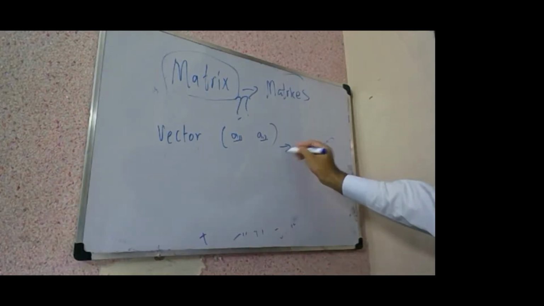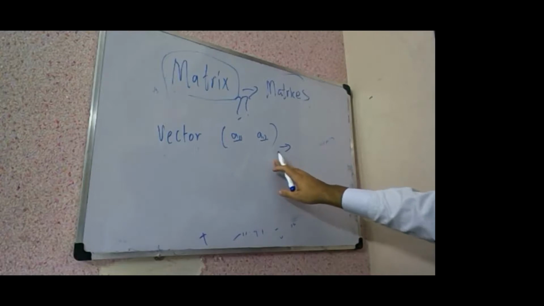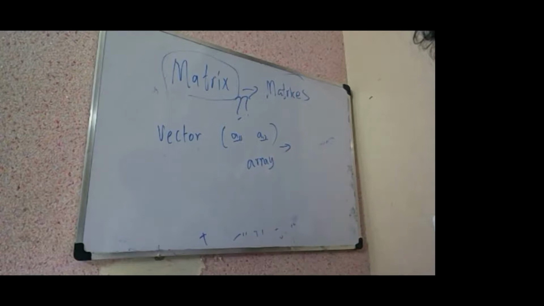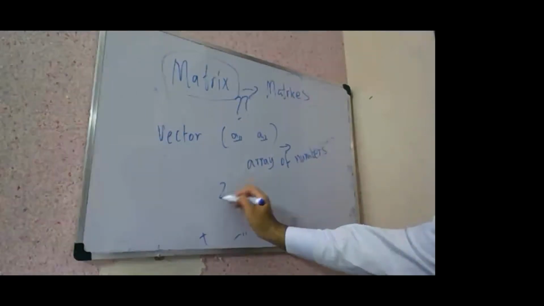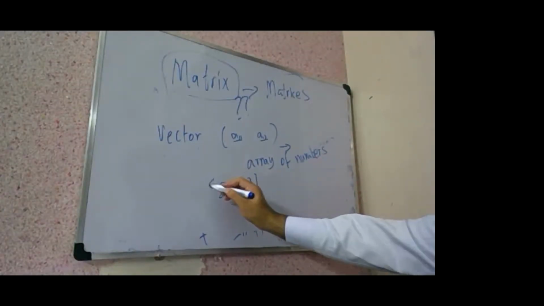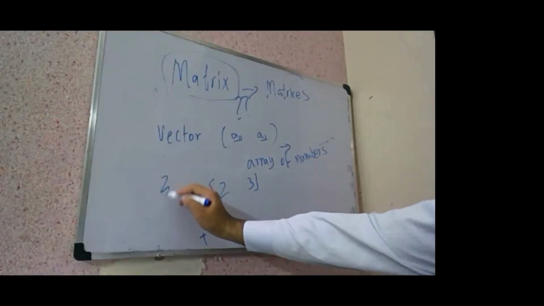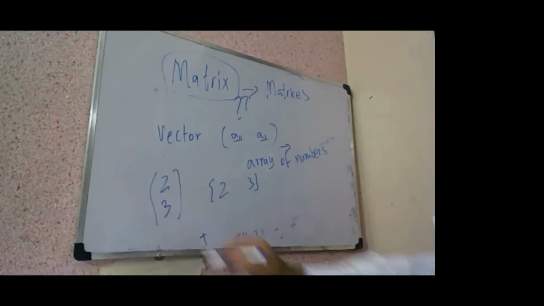An array, so it is unidirectional. We can also call it an array of numbers. For example, 2, 3. Now this is a vector. It can be in a row form or a column form, right?